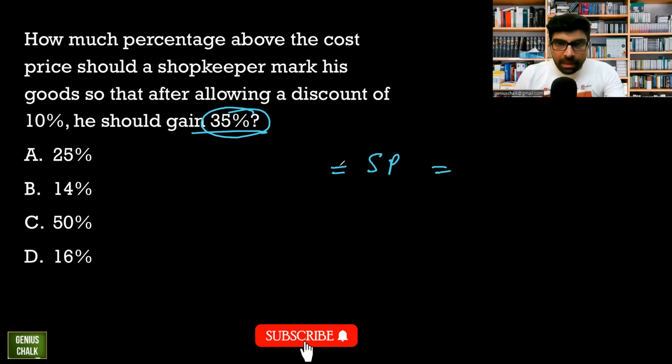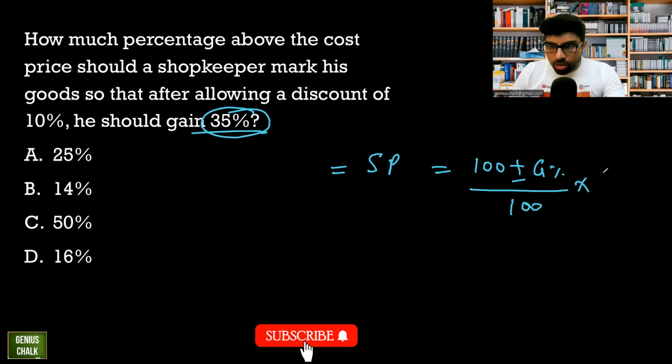I'll explain that. Selling price in terms of cost price is (100 plus or minus gain percent) by 100 into cost price. And selling price in terms of mark price is mark price minus discount percent of mark price.